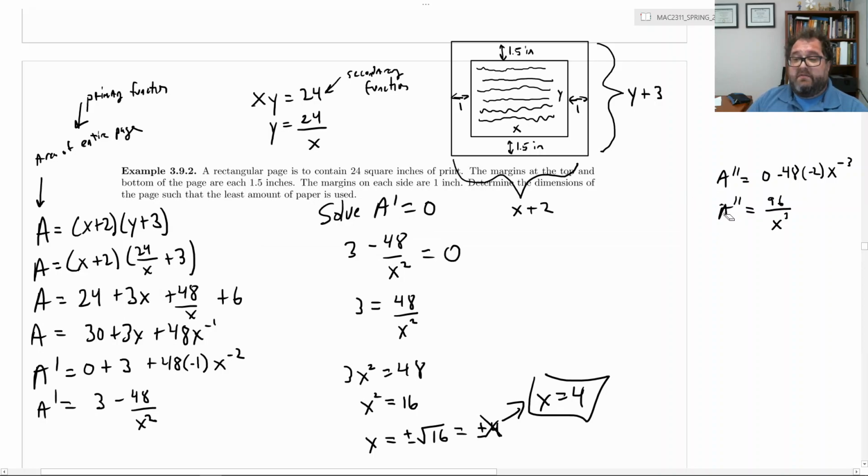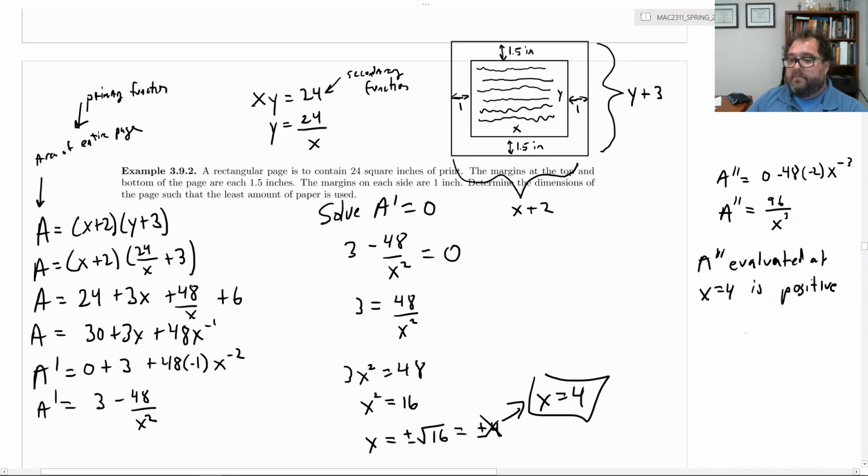Now, the reason I found the second derivative is that the second derivative test can be used to verify that we indeed found the location of a local minimum. So if you plug in 4, A double prime evaluated at x equals 4 is positive, because 4 to the third power is 64, so 96 over 64 is just some positive number.